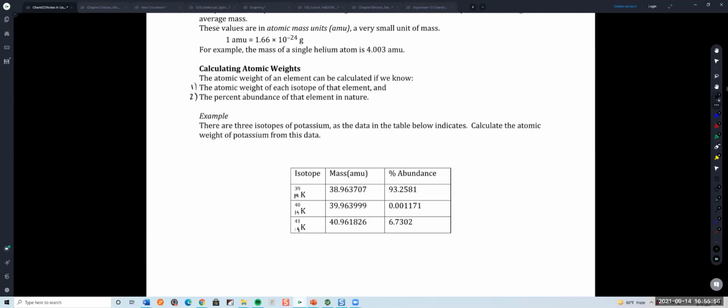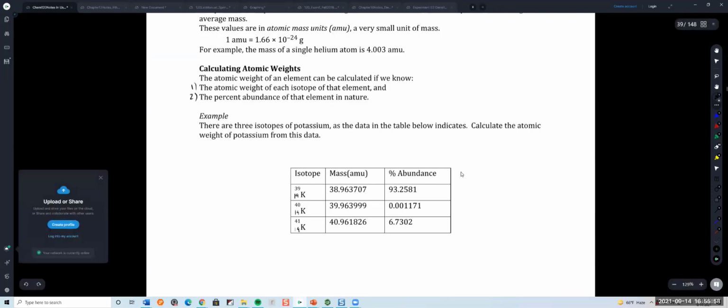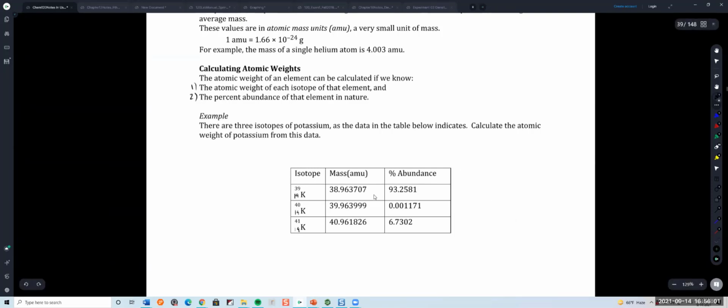And most of the atoms of potassium that are out there, so if you ate a banana, you had some potassium today, 93% of them roughly are this isotope, the most common one, potassium 39. But mixed in are also potassium 40 and potassium 41.